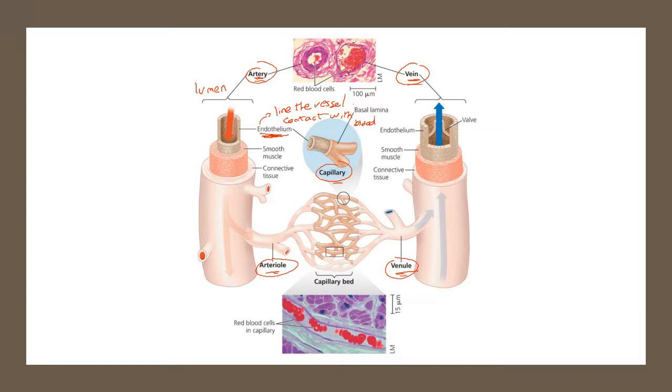The lumen, that's where the blood is traveling, okay? So the endothelium is going to be covering, lining the vessel, lining the lumen, okay? It's going to have contact with the blood.